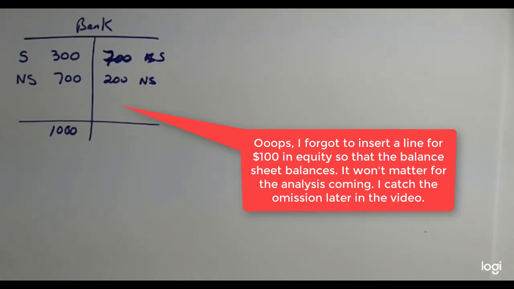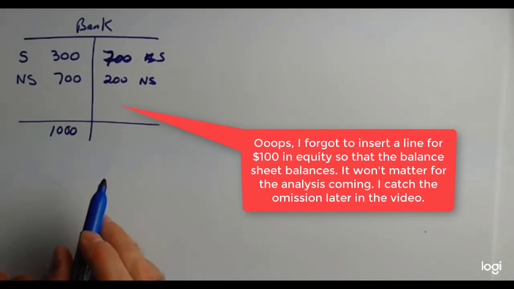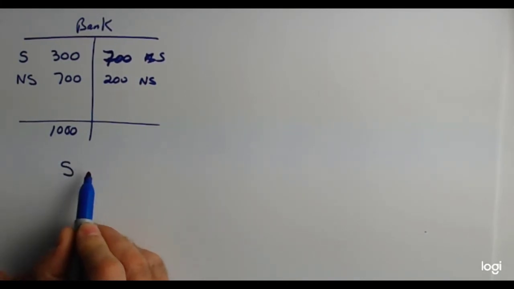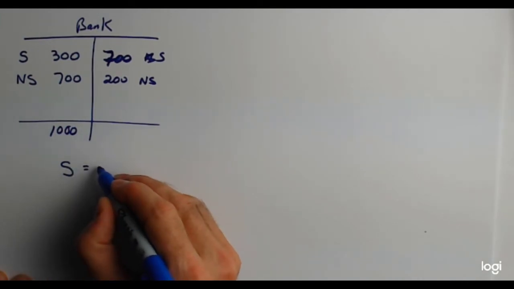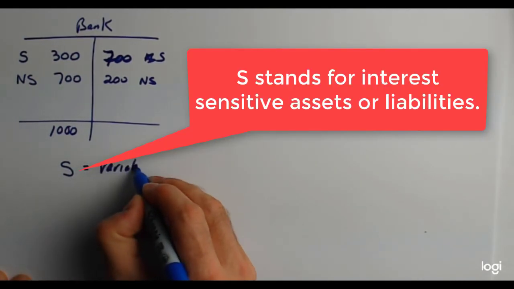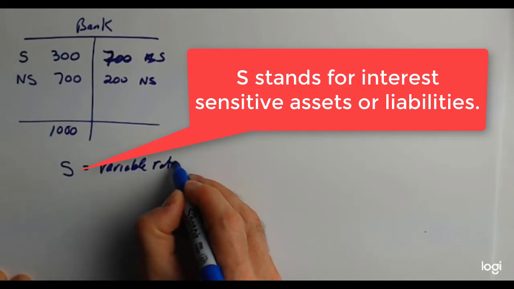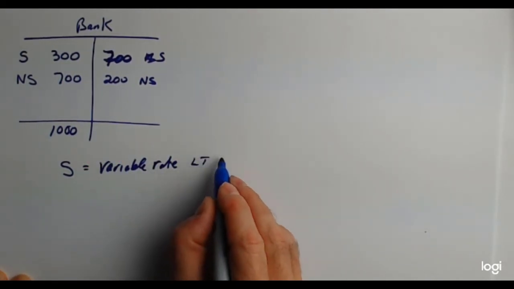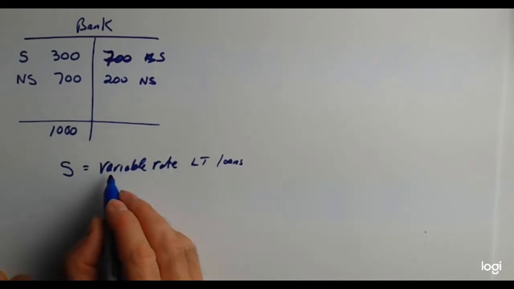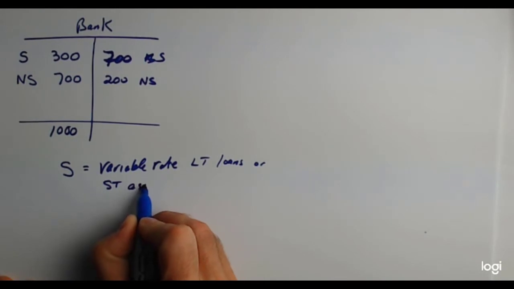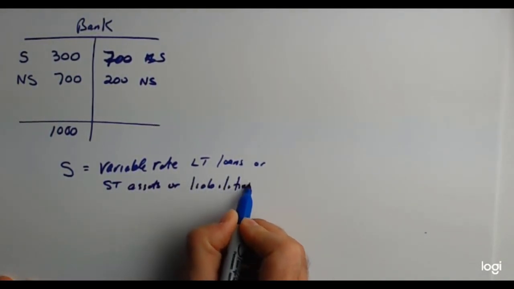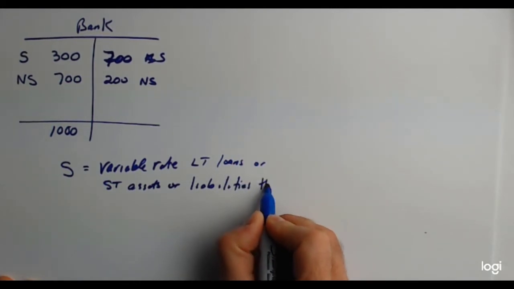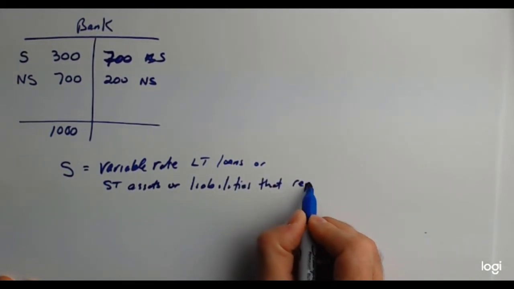Now, what do I mean by sensitive and non-sensitive assets in terms of interest rates? Well, sensitive assets can be variable rate long-term loans or short-term assets or liabilities that reprice.